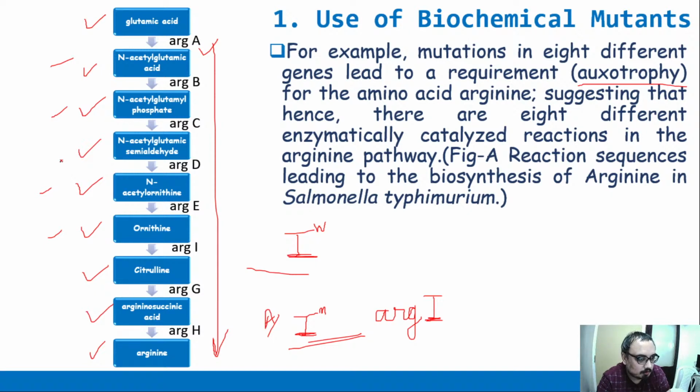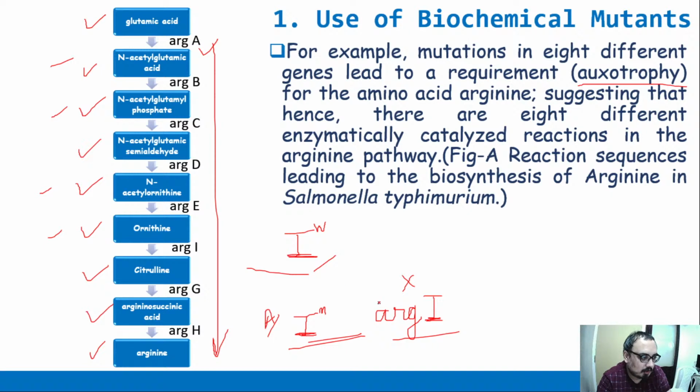So what we'll do is use the same medium used for growth of the wild type, and use it for the auxotrophic type, which is a mutant type that does not possess the arginine I gene. We will grow it in the medium which is used for the wild type bacteria.